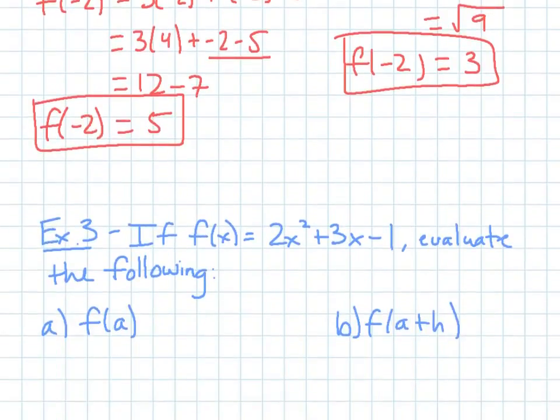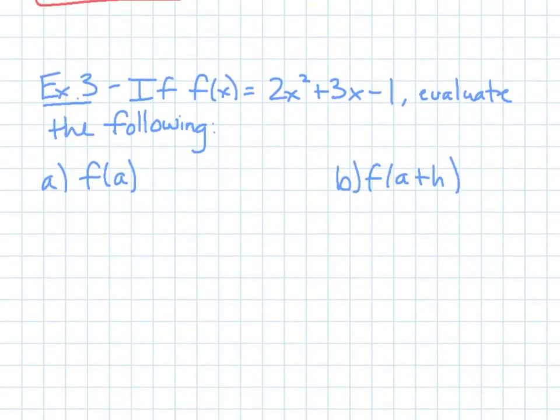Okay? Example 3 says if f of x is equal to 2x squared plus 3x minus 1, they want you to evaluate the following, where f of a for letter A and f of a plus h for letter B. So here sometimes they're going to ask you to plug in letters instead of numbers for your variables, which is the same concept. Now the only difference here is that you may not necessarily be able to simplify as far as you'd like.